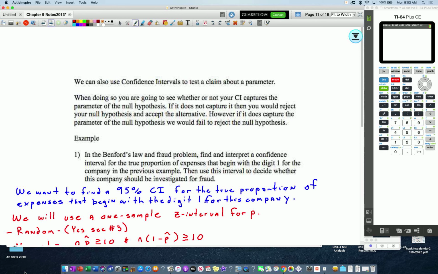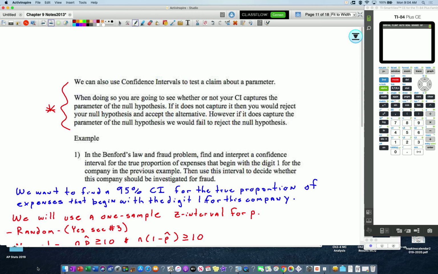If the confidence interval captures the null hypothesis, you don't reject because it's in there. It's what you would expect. However, if your null hypothesis is outside your confidence interval, it gives you evidence to reject the null hypothesis. So that's basically summarizing what is being said right here.